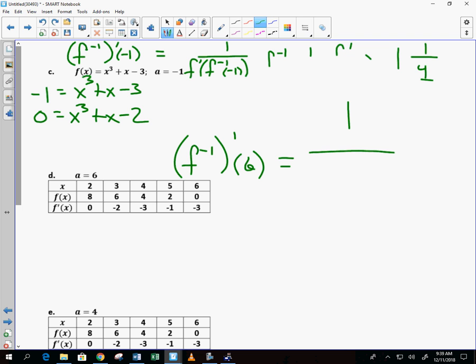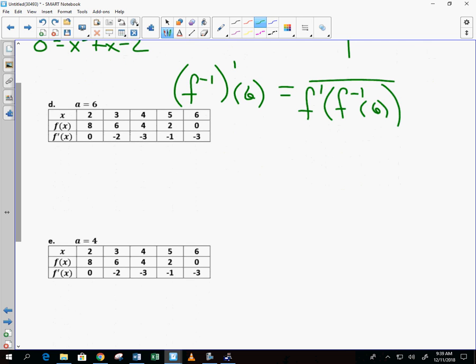It's 1 over f prime of f inverse of 6. But that's super complicated to us. We want to make it easy. So what do we make? A table.